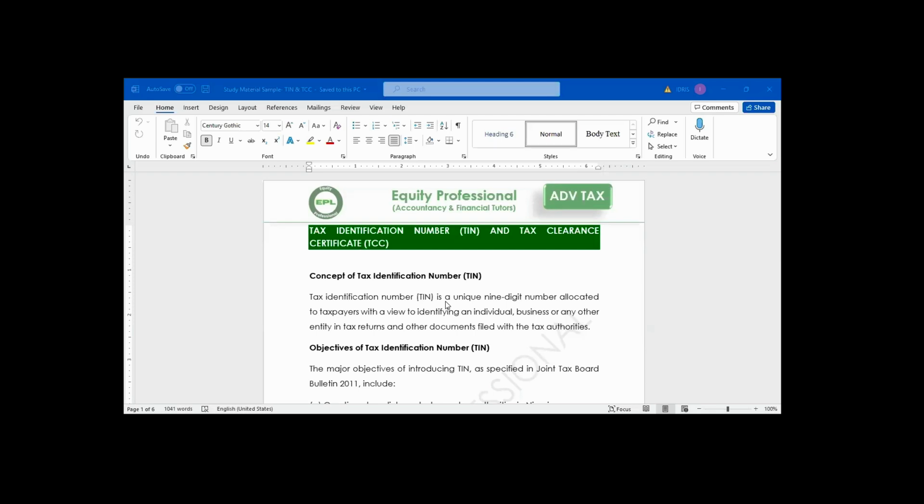Why do we allocate them to taxpayer? We allocate them with a view to identify them. Who allocates them? The tax authority.